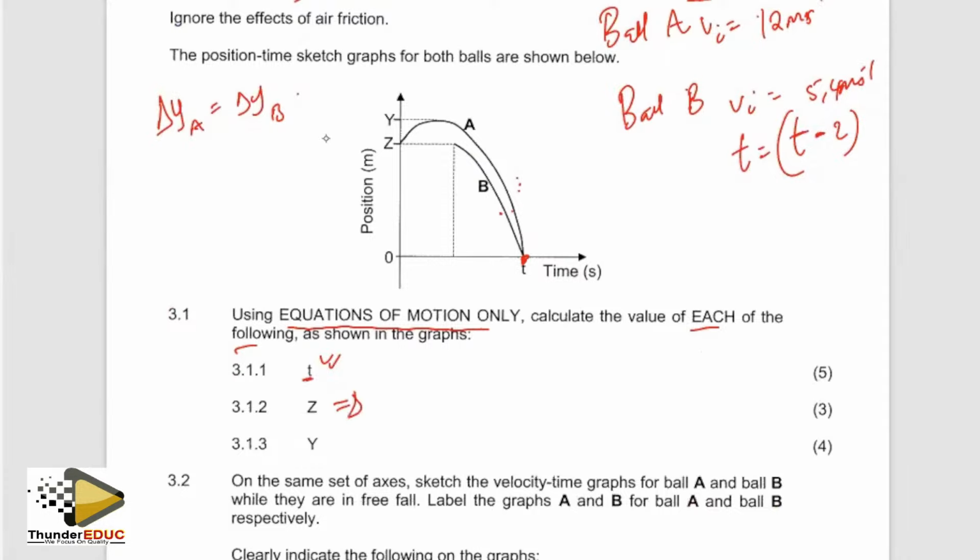Then they want us to get Z, which is the height of the building, the height of the point of projection. For that I can still use what I was using initially: y of A is equal to V initial delta t plus a half a delta t squared.